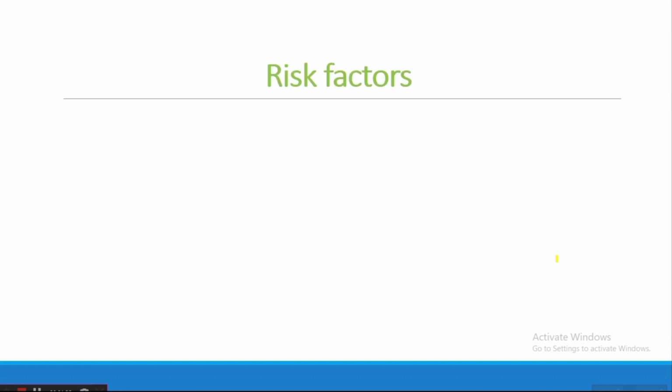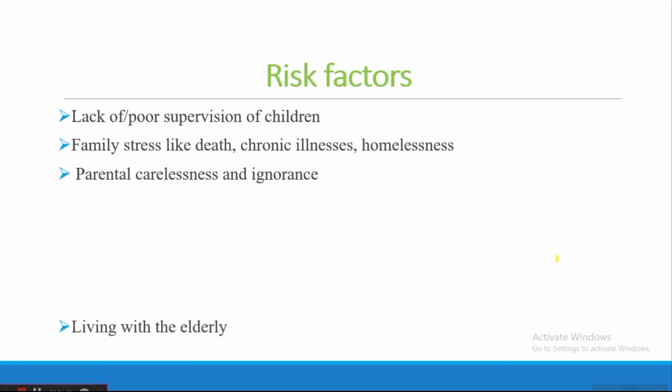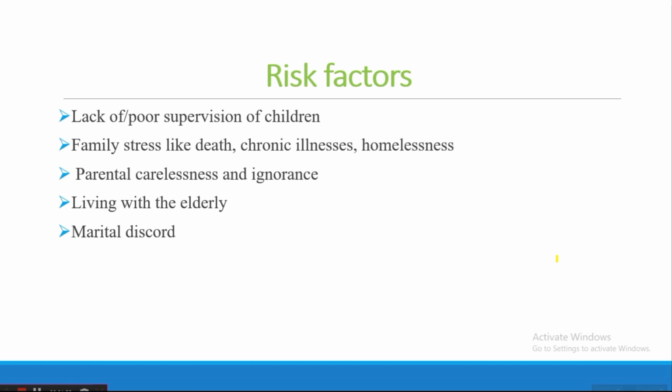What are the risk factors that expose these children to getting injuries at home? One, poor supervision of the children; family stress like death, chronic illness, or homelessness; parental carelessness or ignorance; living with the elderly who are weak and may not have the energy to supervise children throughout; marital discord like violence at home, gender-based violence; then overcrowding.